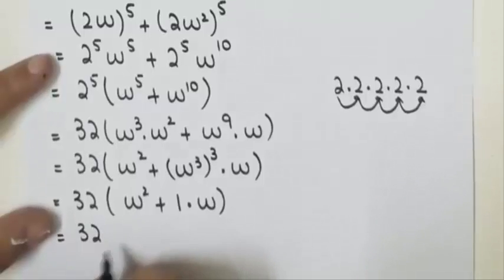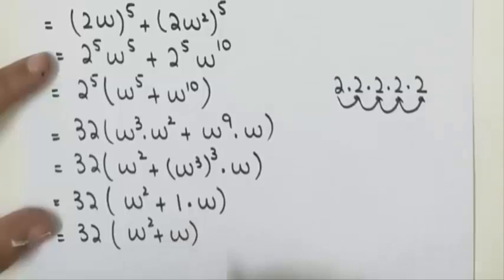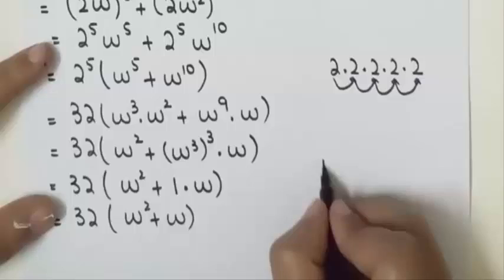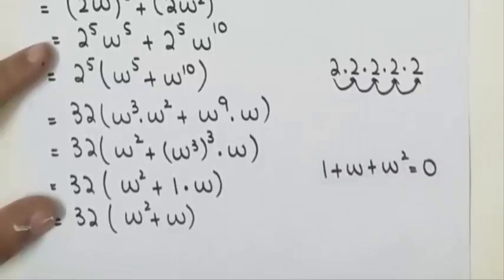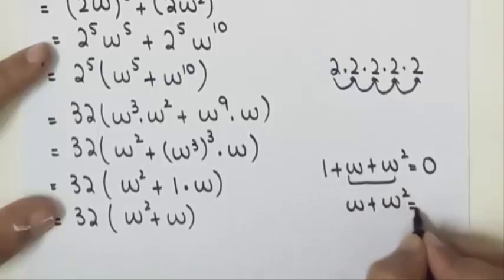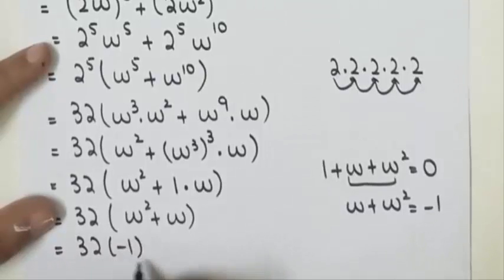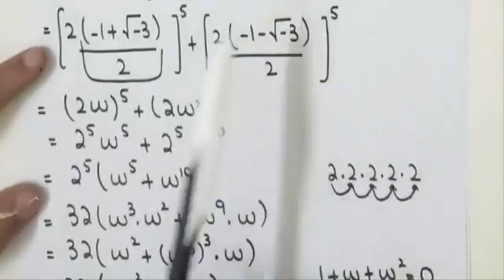So 32 into omega square plus 1 into omega is omega. Now we know that the sum of the cube roots of unity is equal to 0. So omega plus omega square is equal to minus 1. So 32 into minus 1 is equal to minus 32. So in this way we have proved this result.